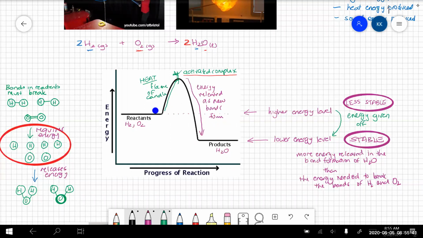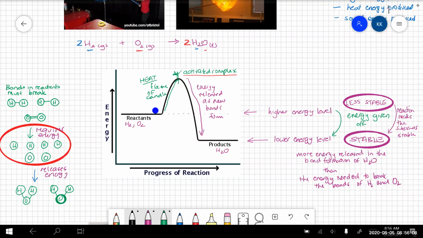So the reason that this combination reaction is happening is that the substances can get more stable by doing the reaction. So reaction makes the substances stable.